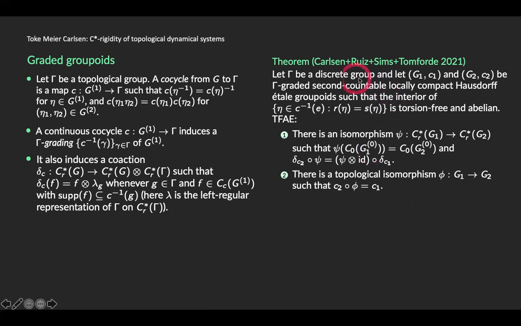With this result, you can actually prove all the results about the topological Markov shift and Cuntz-Krieger algebras, and also about the classical dynamical systems and crossed products that I showed you today.